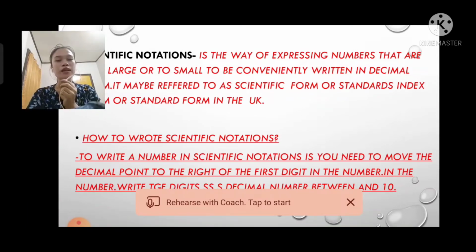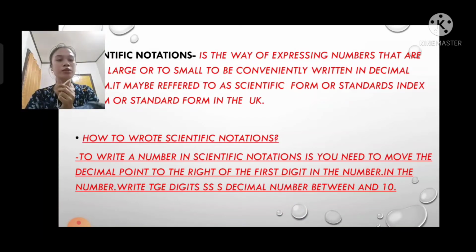So, dapat daw kung musulat ka og number nga scientific notation, you need to move the decimal point to the right of the first digit. This is where you should start moving. In the numbers, write the decimal numbers between 1 and 10.